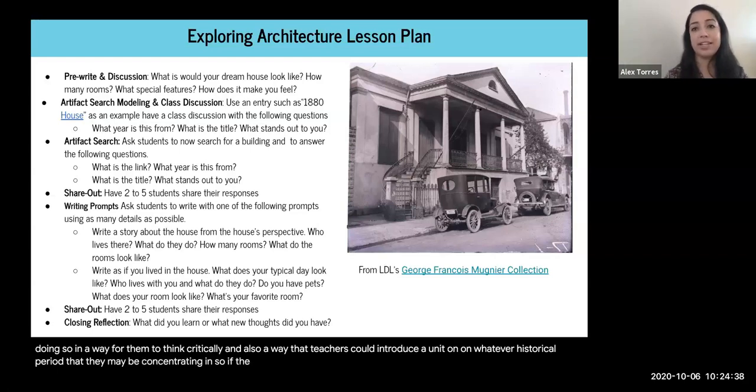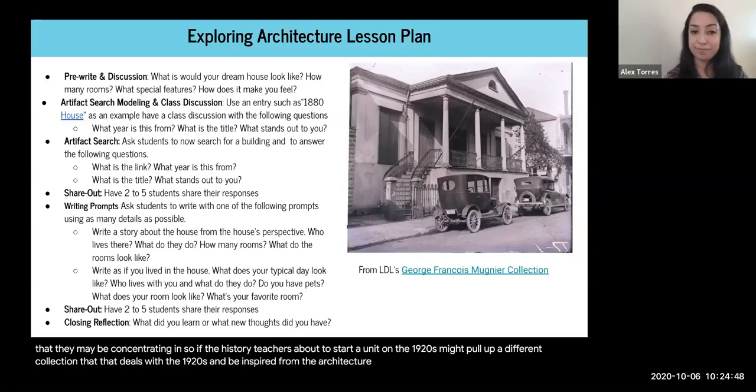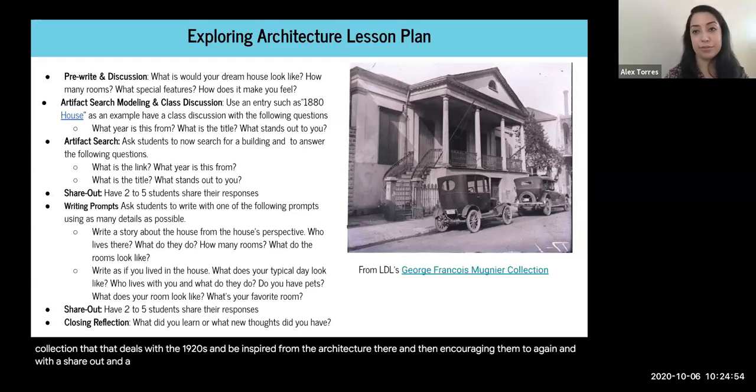So if the history teacher is about to start a unit on the 1920s, they might pull up a different collection that deals with the 1920s and be inspired by the architecture there. And then encourage them to, again, end with a share out and a closing reflection.